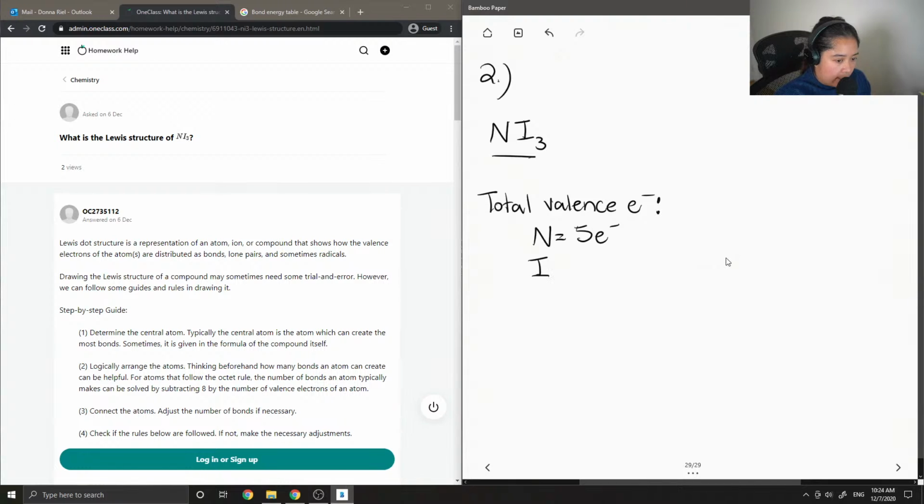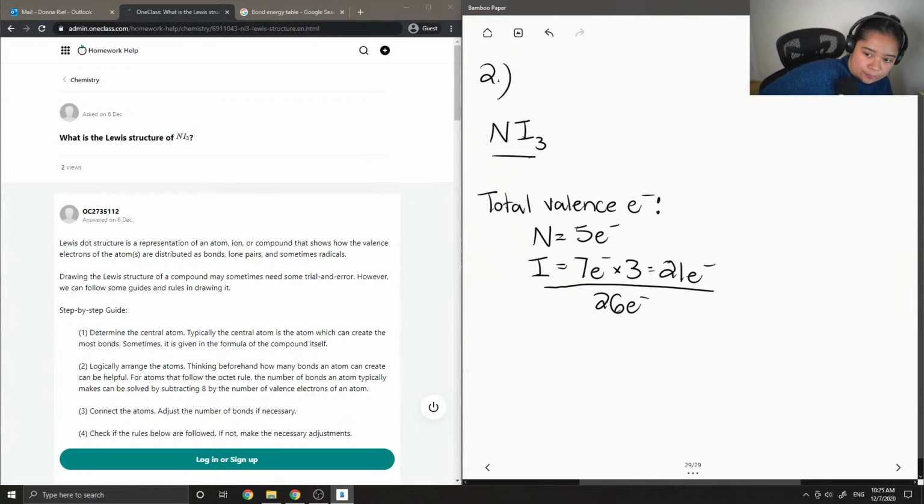And for iodine, each iodine atom has 7 valence electrons, but since there are 3 of them, I'm going to multiply by 3. So I get 21. And then adding these two values up, you get a total of 26 valence electrons in the compound.